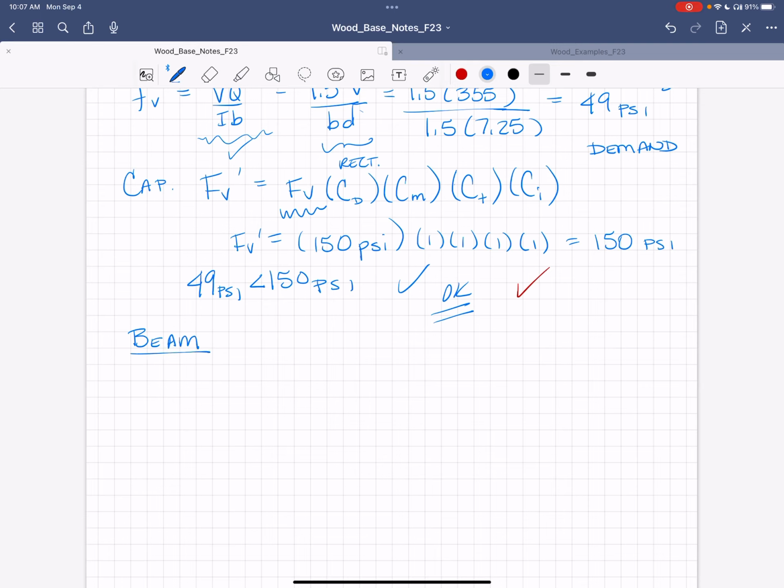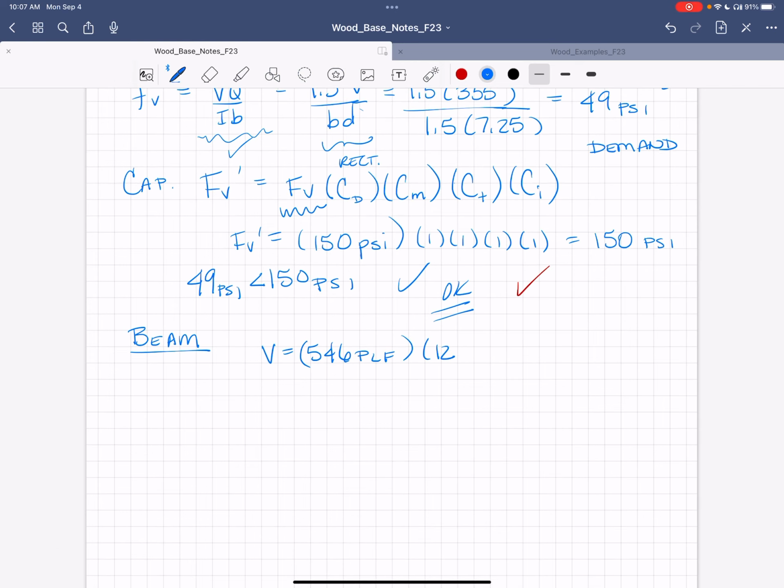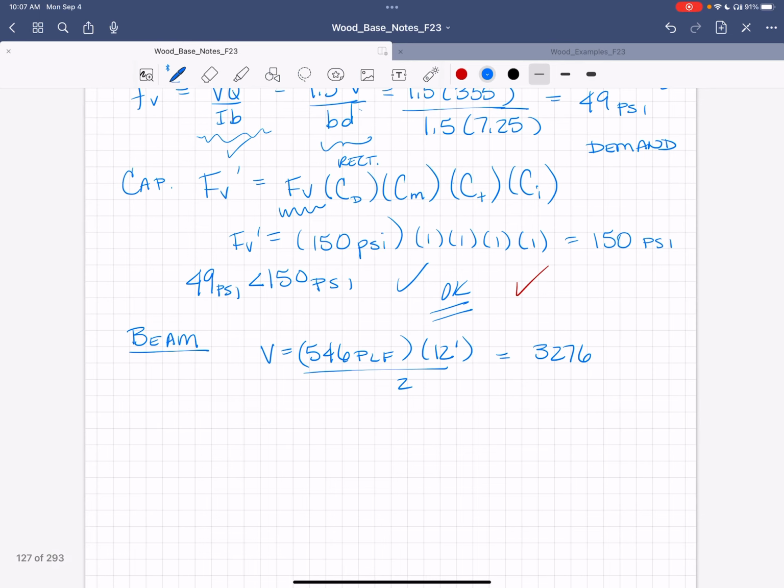And for the beam, w equals 546 pounds per linear foot times 12-foot span over 2. And that gives me 3276 pounds.